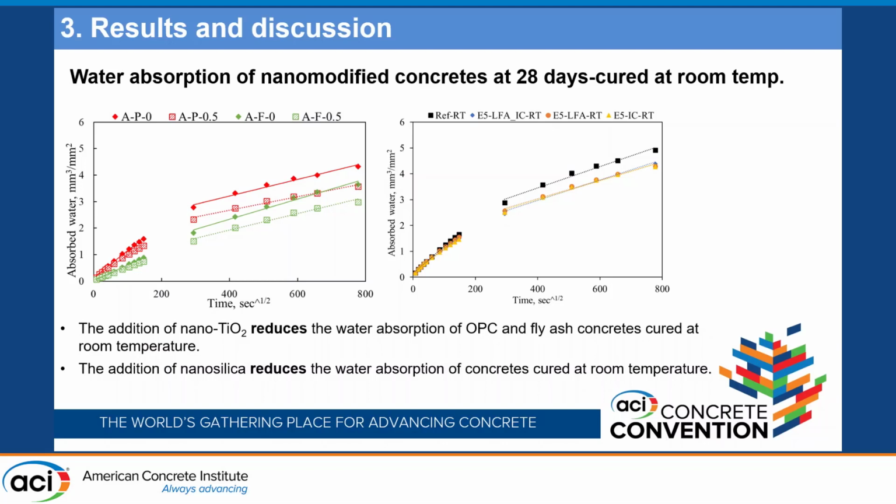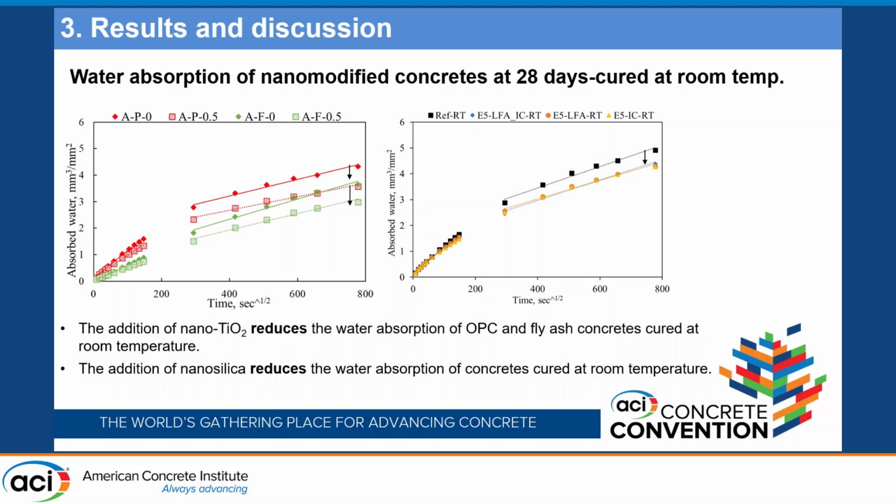in this region, and they look pretty linear, right? This is maybe slightly curved, but still pretty linear. But what I wanted to focus our attention on is the curves that are sort of cross-hatched symbols. Those were with the addition of nano titanium dioxide, and you can see they are all below the solid line, which was the plain concrete without the addition of nano titanium dioxide.